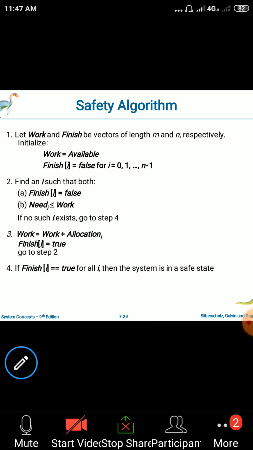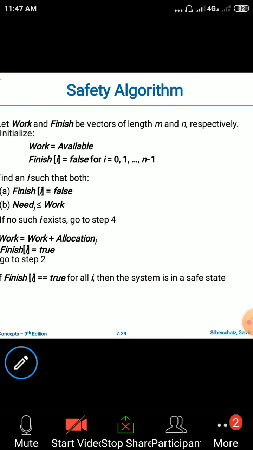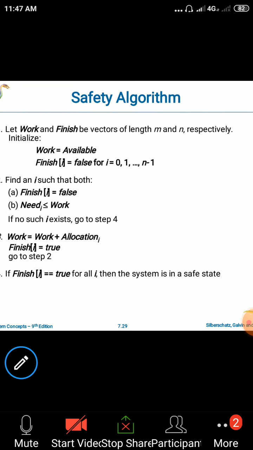Work and finish are vectors of length m and n. Initially we initialize work equal to available, meaning the available resources, and finish of i equal to false for i equal to 0, 1 up to n minus 1.